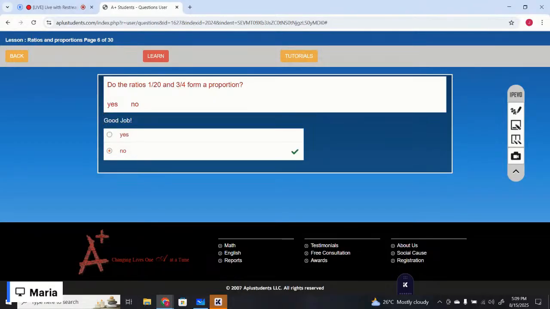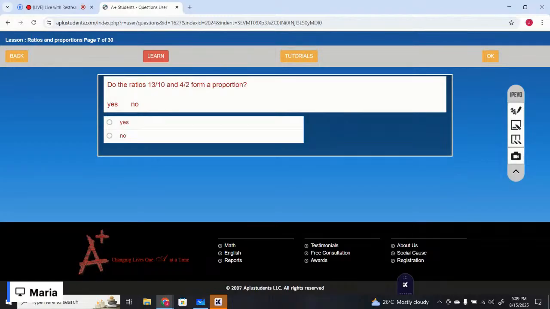The correct option is no. Do the ratios 13 by 10 and 4 by 12 form a proportion? No, they do not form a proportion.